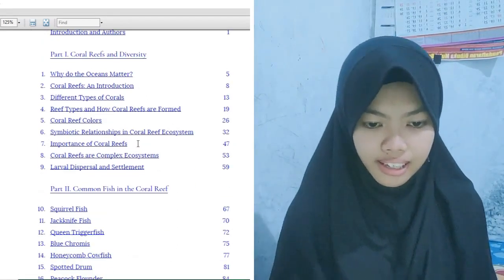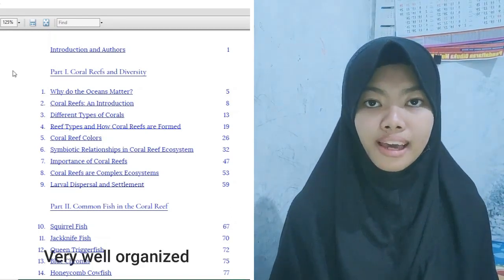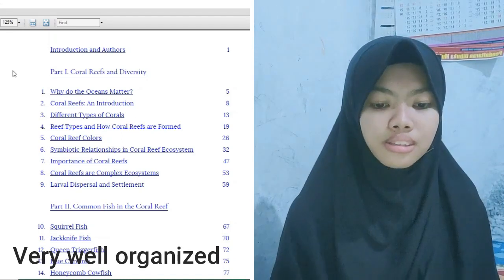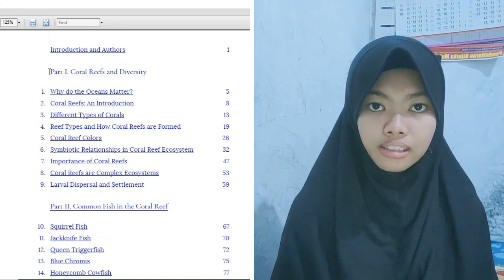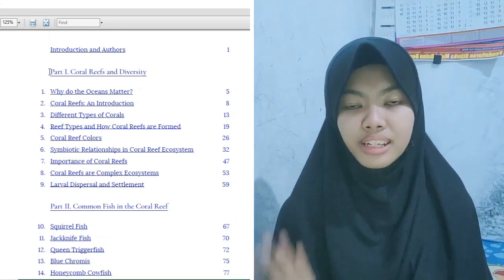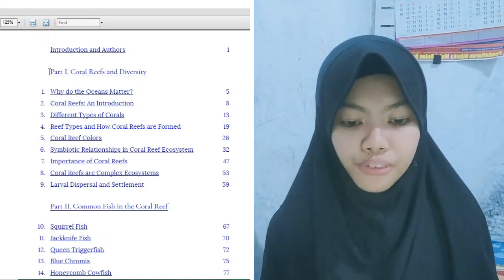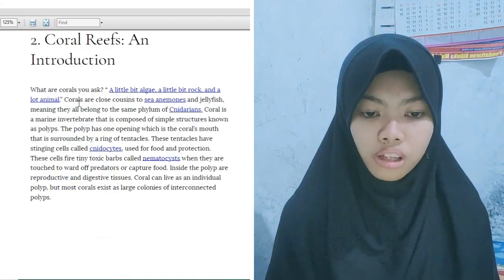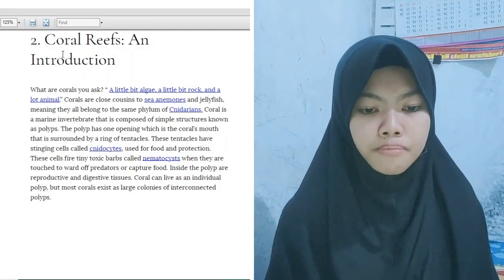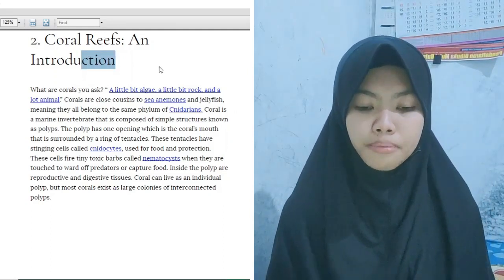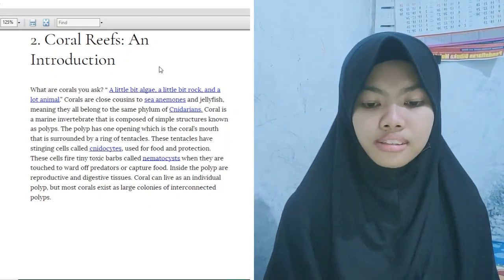So, what I like the most about this book is that it is very well organized. As I said before, it introduces us to the materials before it states the problem, before it states the detailed information. For example, this coral reefs, an introduction. Before going to the detailed information about the coral reefs, it introduced us to what the coral reefs are.